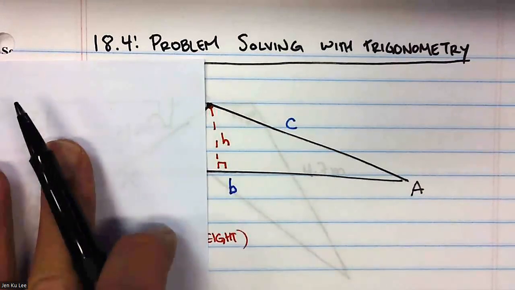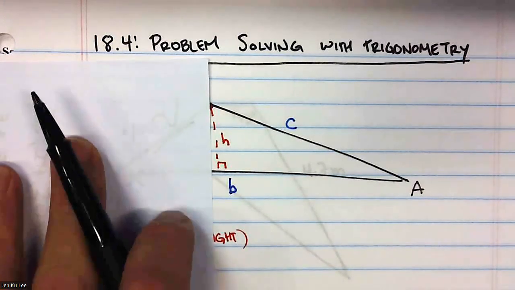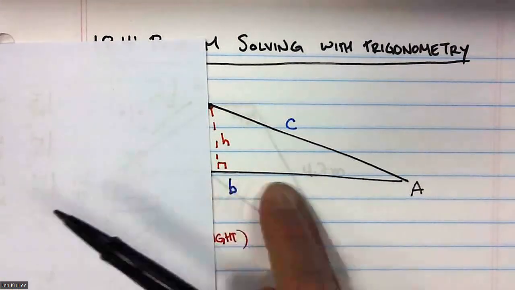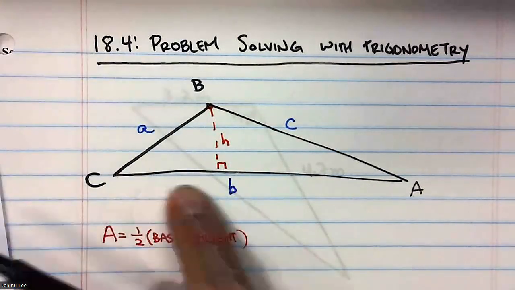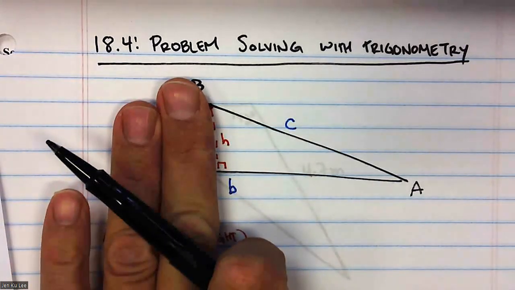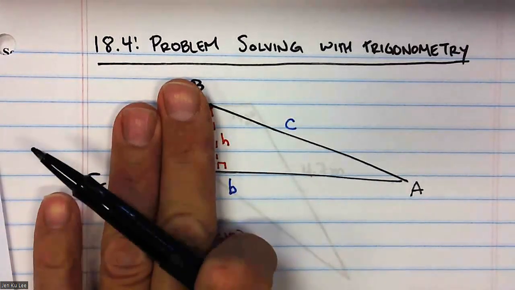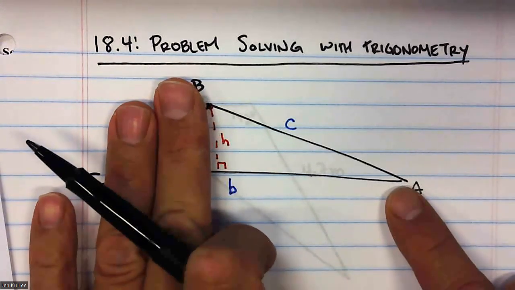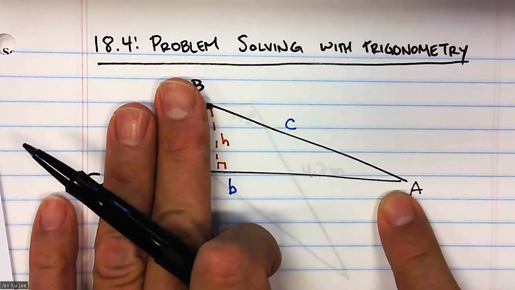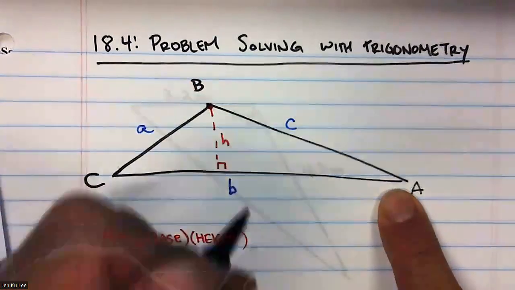Notice if I cut this part out of my triangle, I cut out side b, correct? So I would have to use this angle, angle A. What is h in terms of angle A? My opposite side.